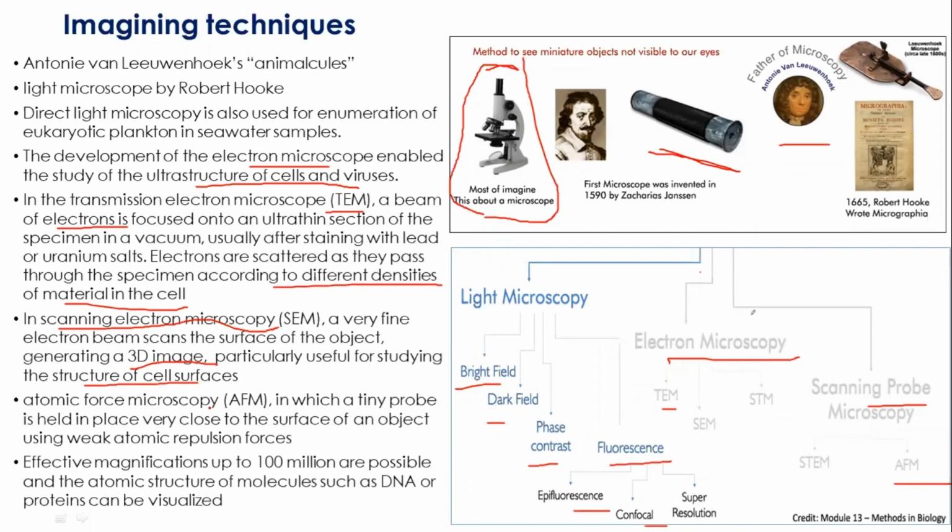Similarly, there is the scanning probe microscope, one type, that is AFM, atomic force microscopy, where a tiny probe is held and touches the surface of the object or any cell surface using the weak atomic repulsion forces, and this gives us an idea about what kind of surface the cell has, right?